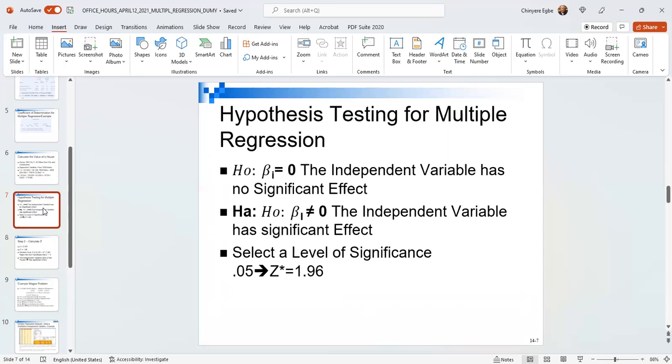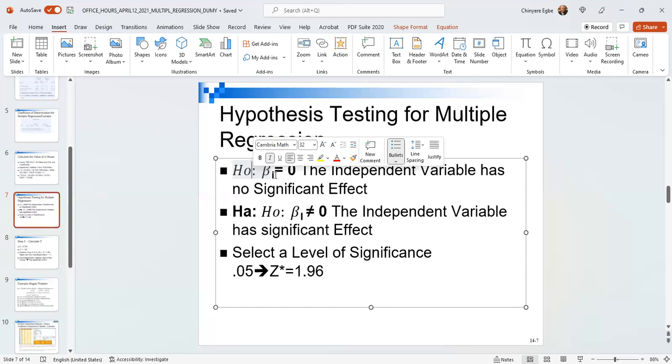Okay. So to go through a test of hypothesis, you have to set up your null and alternate hypothesis. And here, the null hypothesis is designed to test each individual independent variable separately. All right.